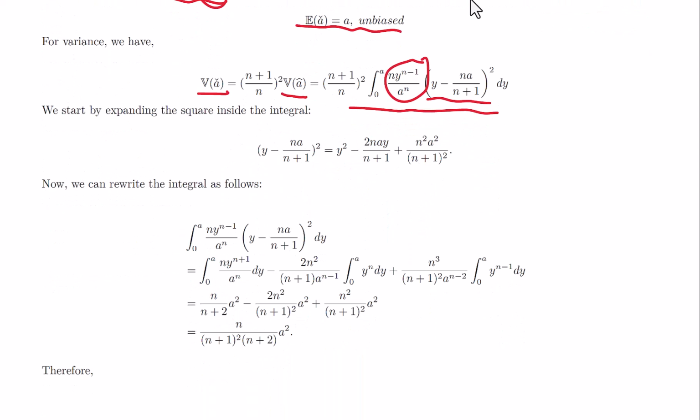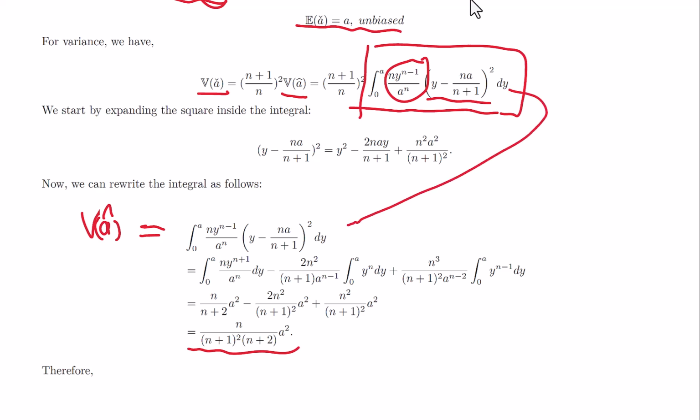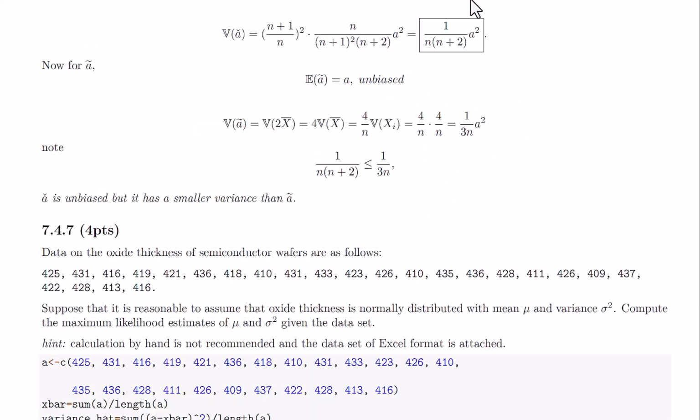So finally we got the variance of a hat, and then to get the variance of a star, you have to multiply this one with the variance of a hat. That's finally how you get this result.